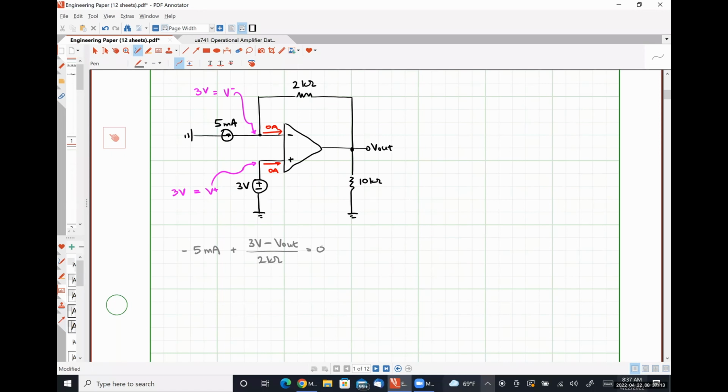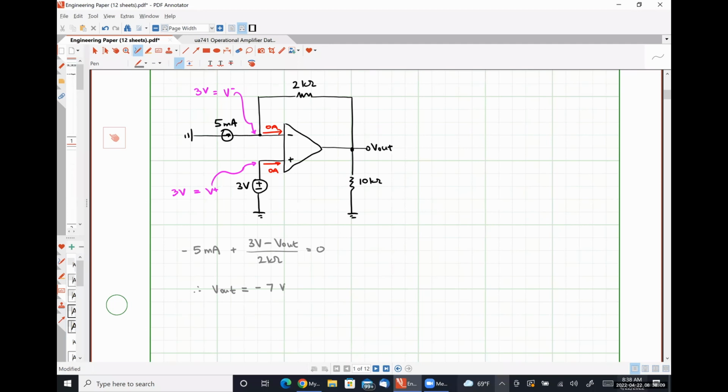So take a moment to do that, please. -7 volts, absolutely correct. All right.